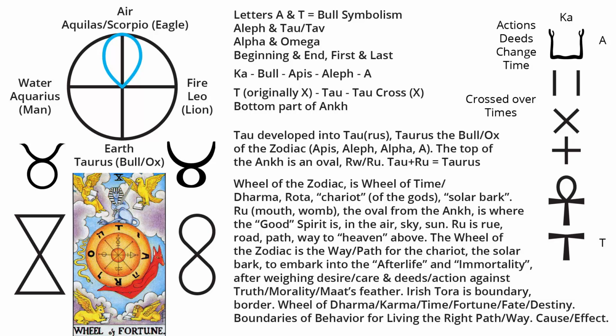So we have the sun cross symbolism, we have the Ankh, the 4 elements. This relates to the sign of Taurus, the astrological symbols, and it relates to the symbol of infinity. The Ankh is the top part of the infinity.